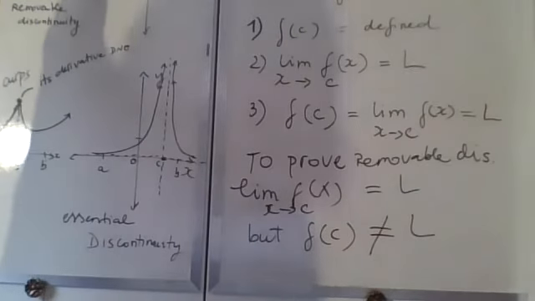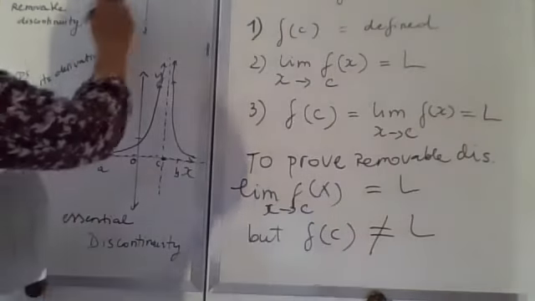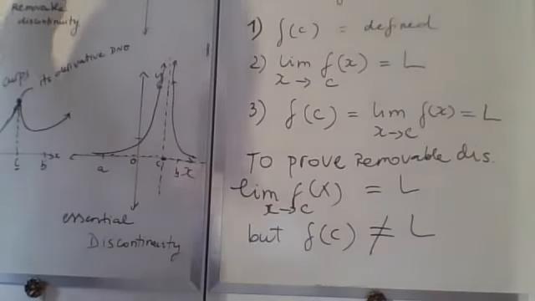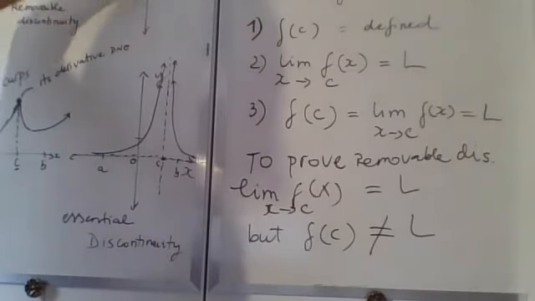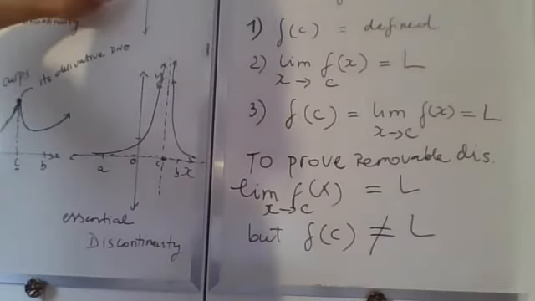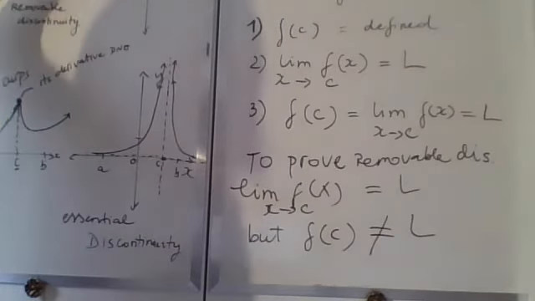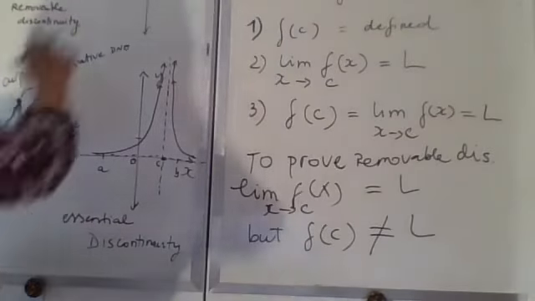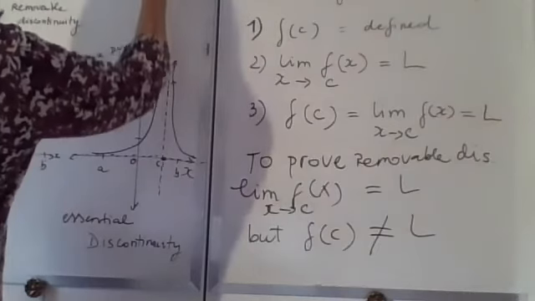What you do is, let's say you want to find the limit of this function, and of course the limit of this function is equal to 2. But when you plug in the c value into this function, you don't get the same value of 2. Let me change this a little so you can see the scenario.